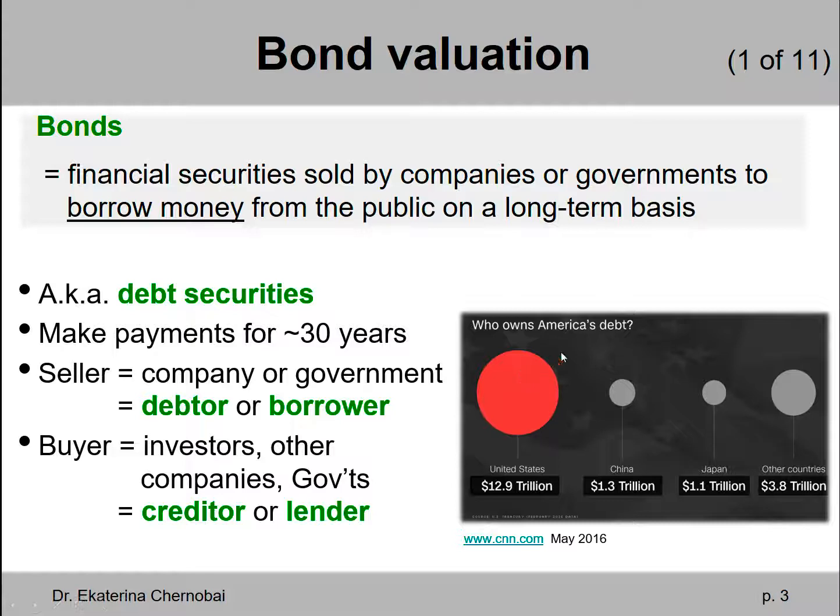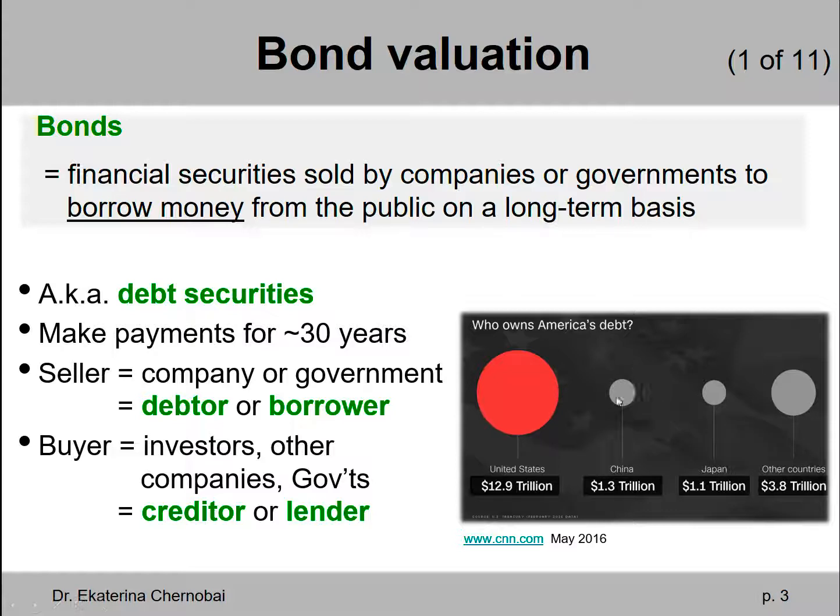This is federal debt that the federal government issued as bonds, and these bonds were sold to whoever would like to purchase them, and the buyers came from all over the world. So who owns America's debt for that time, which is $12.9 trillion?